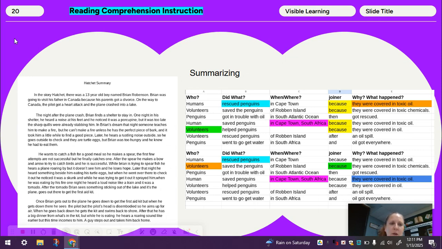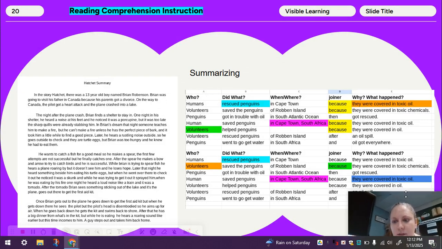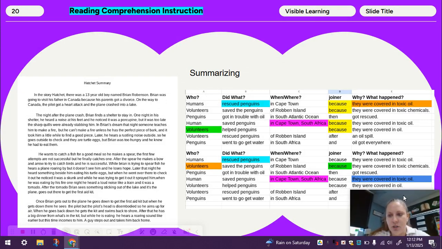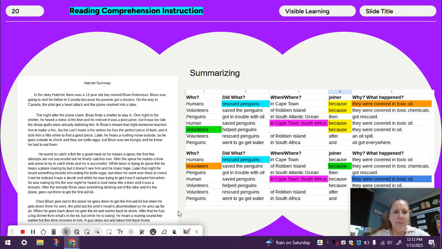So we went through the chapter book Hatchet, and after every chapter we stopped and the students did a gist statement in their notebook. When they were done, they typed up all of the gist statements. So you could do this with any book. You could do this with a picture book, doing a gist statement on every page, and then at the end your students have a summary.